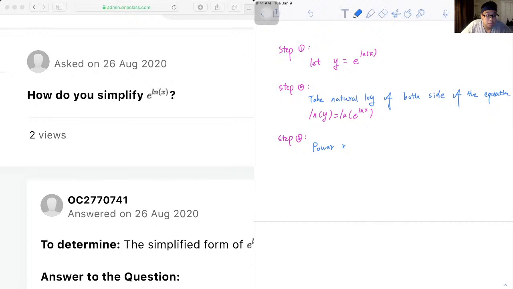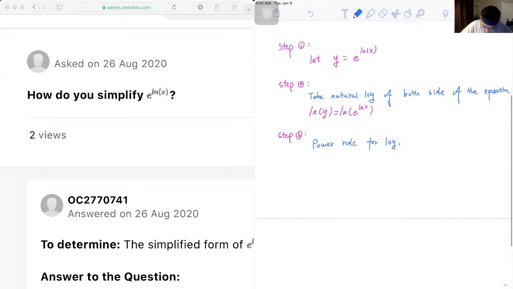So power rule for logarithm. So we will have ln y is equal to ln x times ln e.